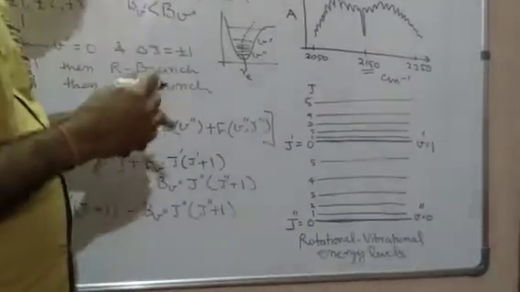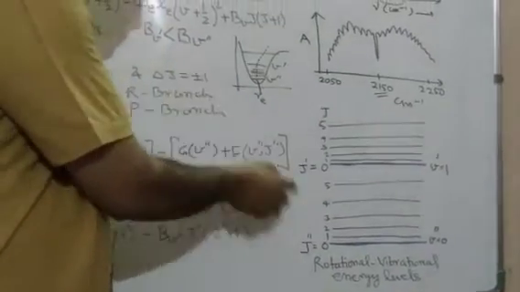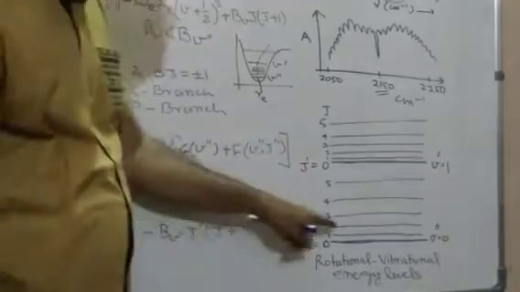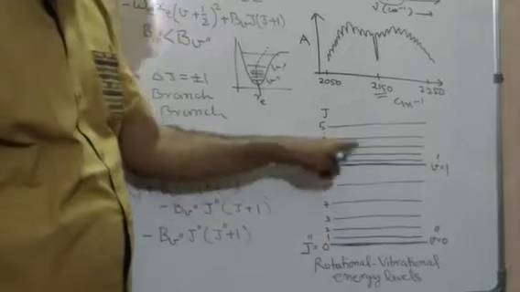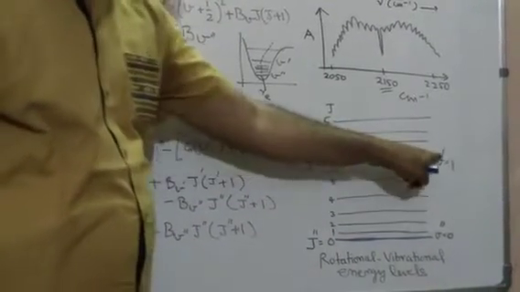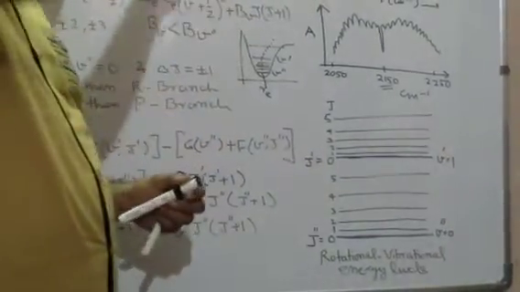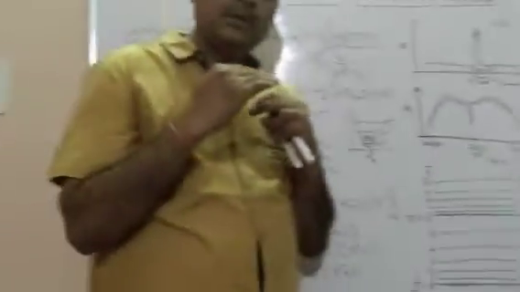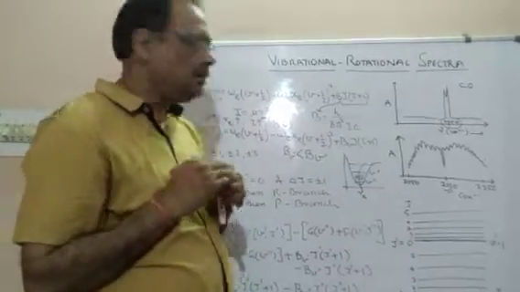Because of the higher value of B for v double prime, the separation is larger than the separation between the rotational levels in v prime. So as we move to higher vibrational levels, the separation between the rotational energy levels will decrease.